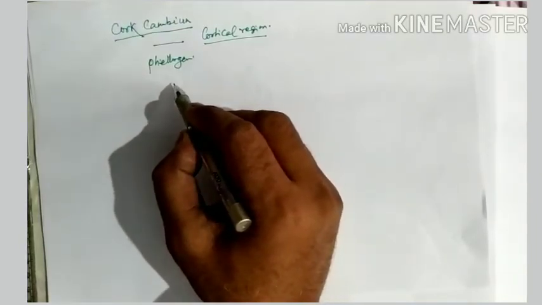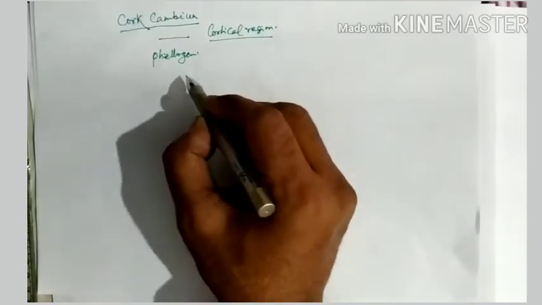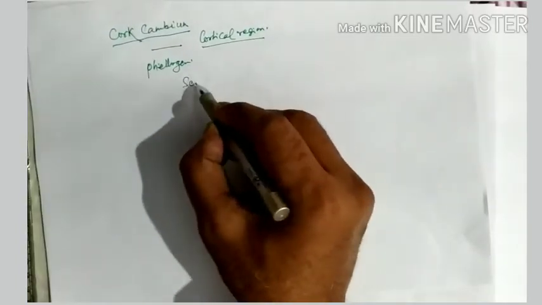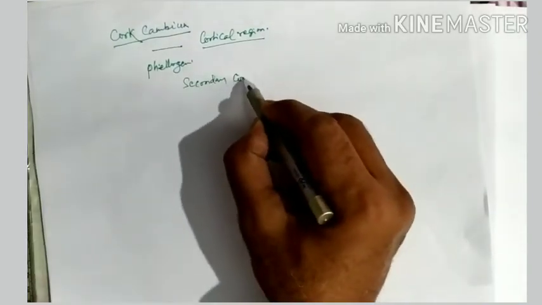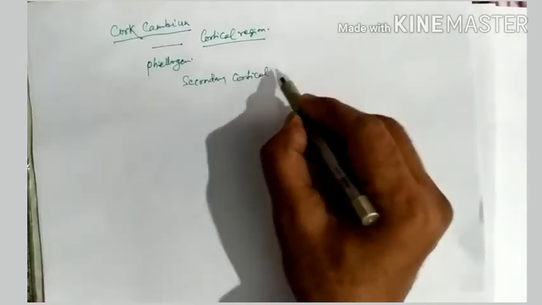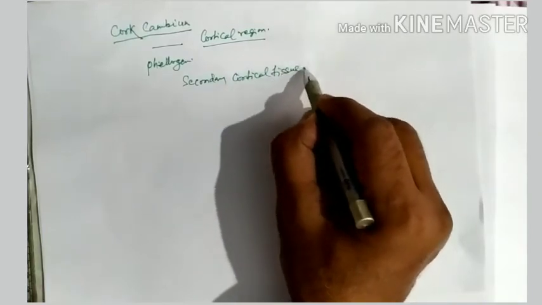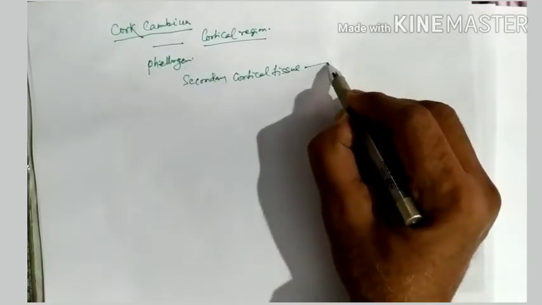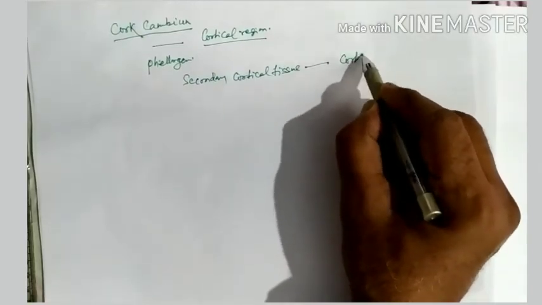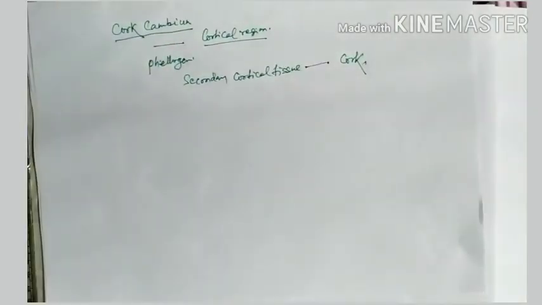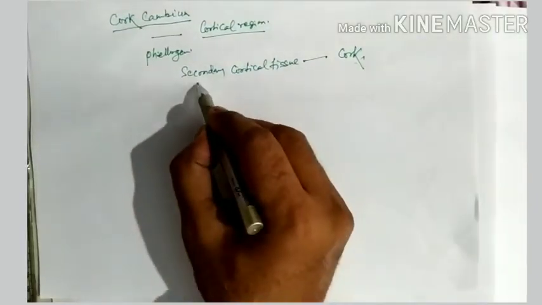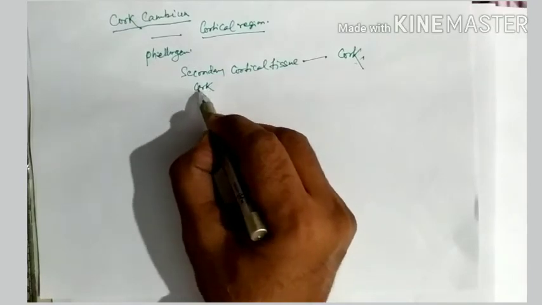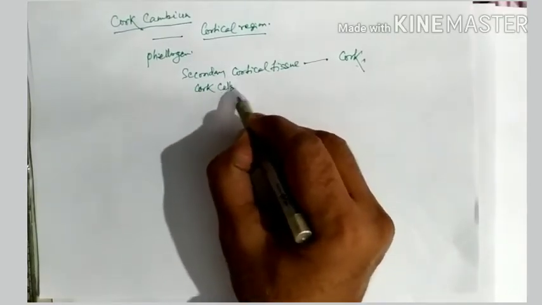This newly formed secondary cortical tissue, formed by the cork cambium, is known as the cork, and these cells get suberized.